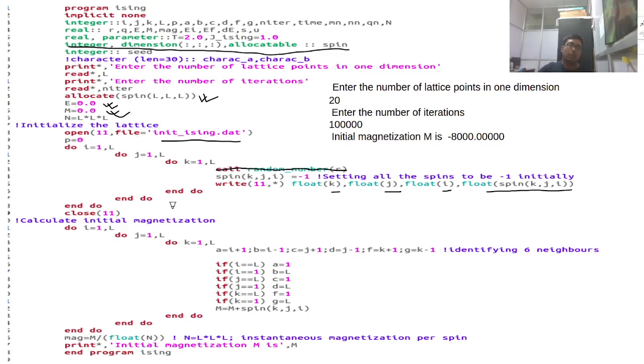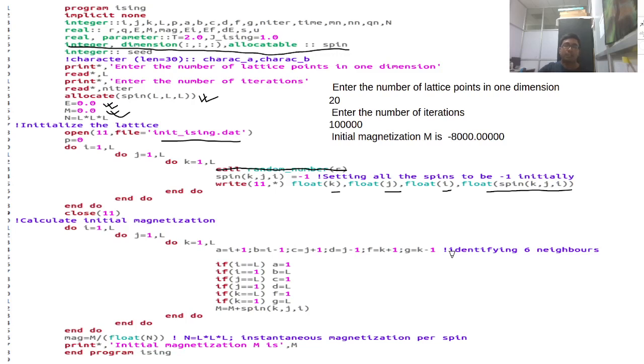Now the question suggests that you have to calculate the initial magnetization. We also have to incorporate the periodic boundary condition, right?